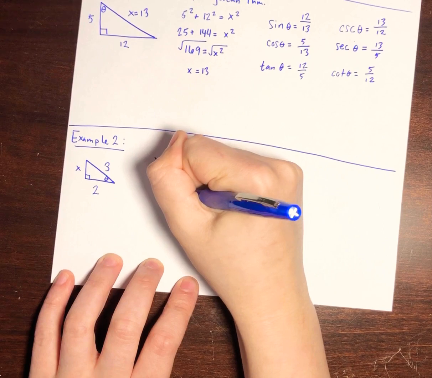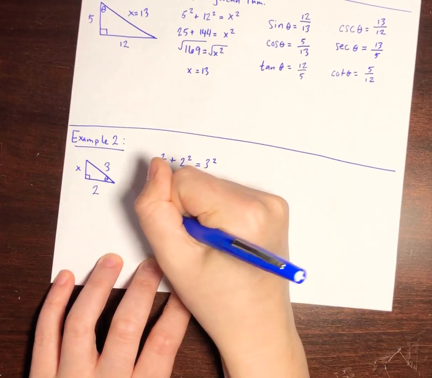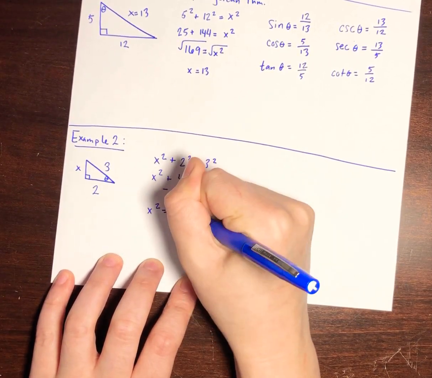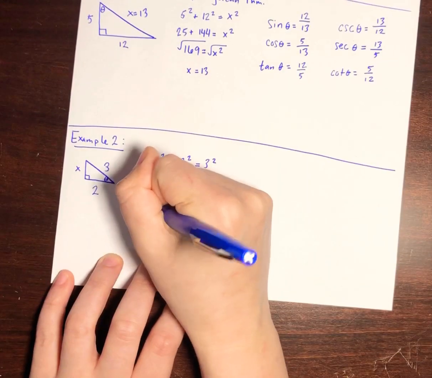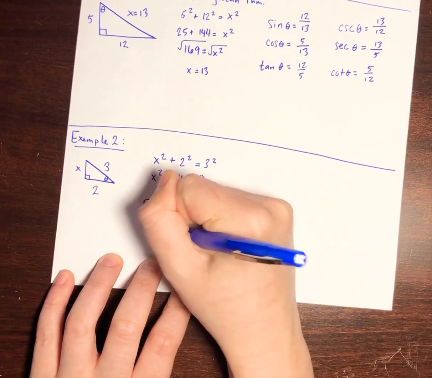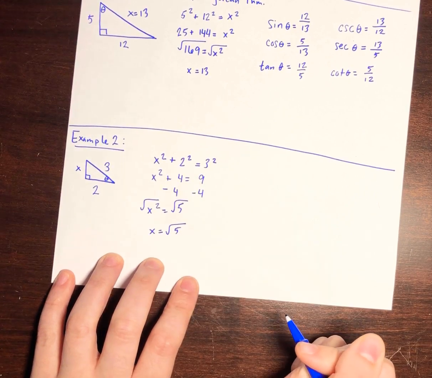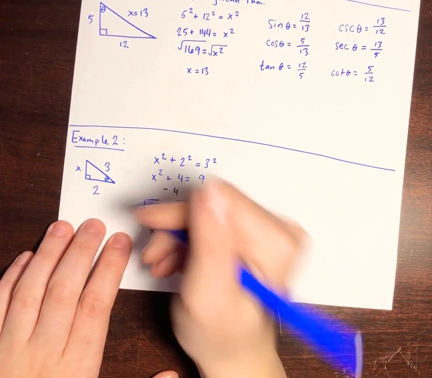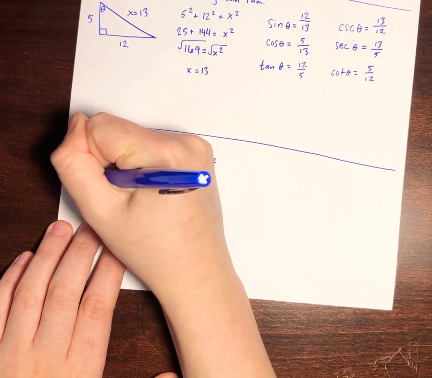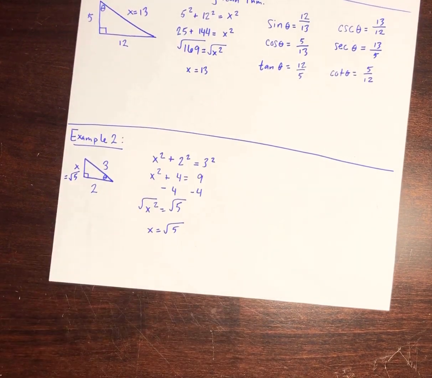Just go ahead and subtract that 4. X squared equals 5. I'll take the square root of that. But 5 is not a perfect square and it doesn't reduce. So we're just going to leave it as x equals the square root of 5. So that's the measure of that second leg of our right triangle.